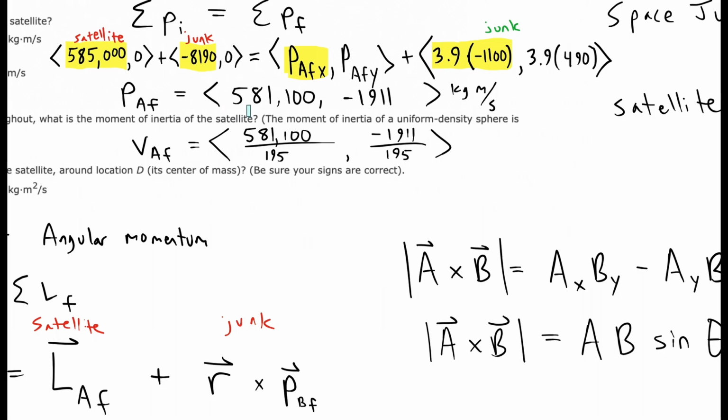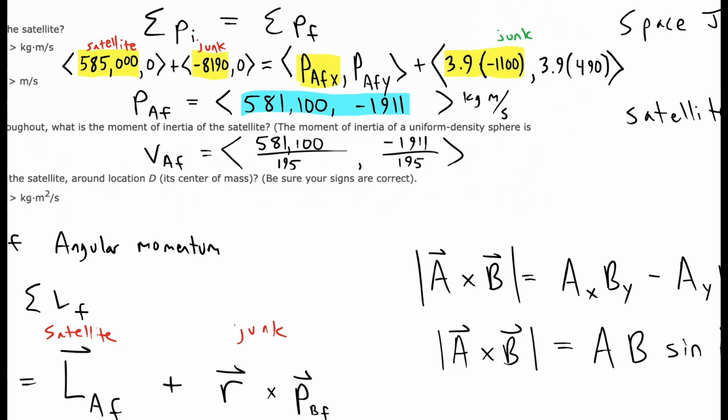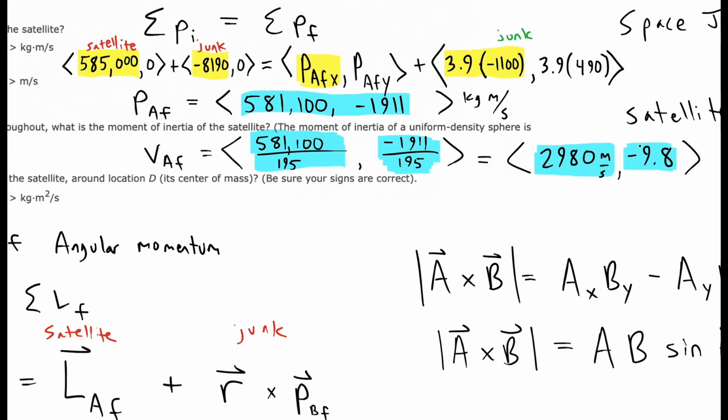So much earlier, we had found these to be the final components of momentum for the satellite. And then we used those to find the final velocity. Let's just calculate these real quick. Yeah, so looking at the final velocity of our satellite, his components are 2980 and negative 9.8.